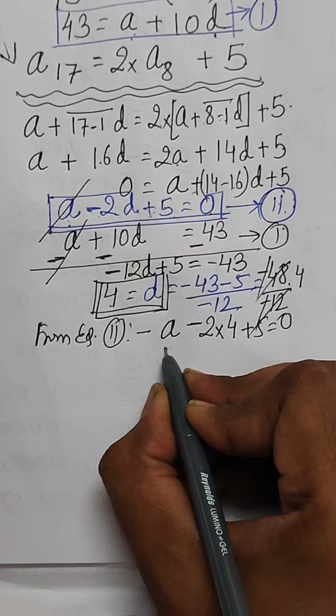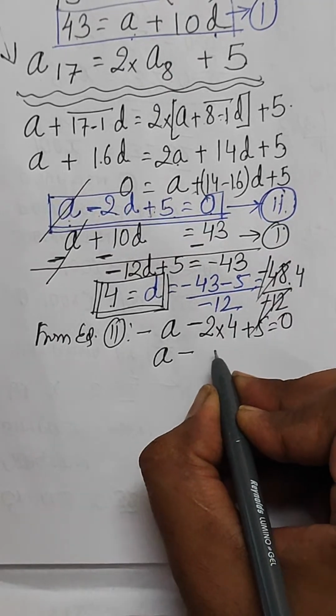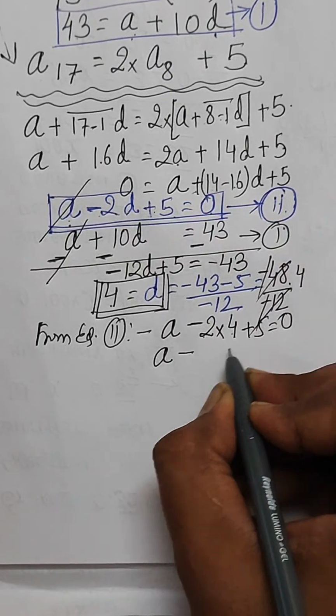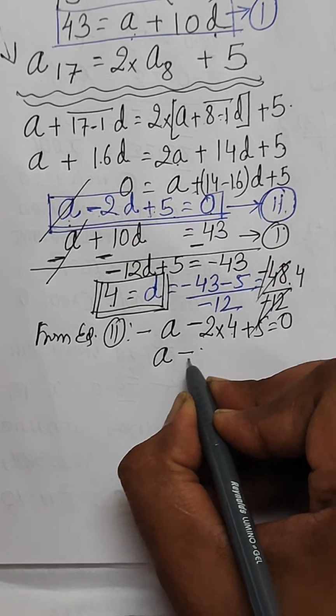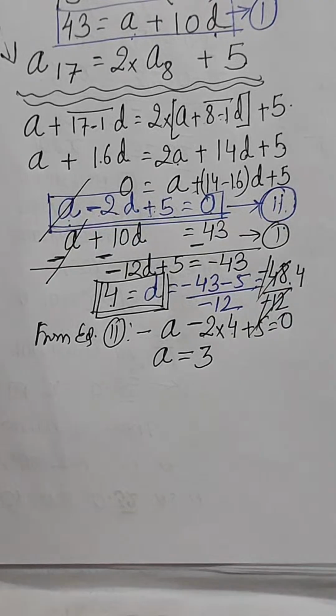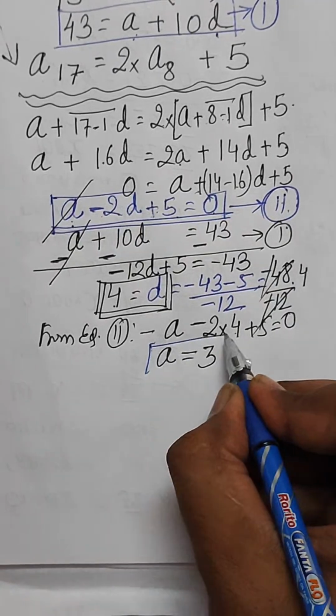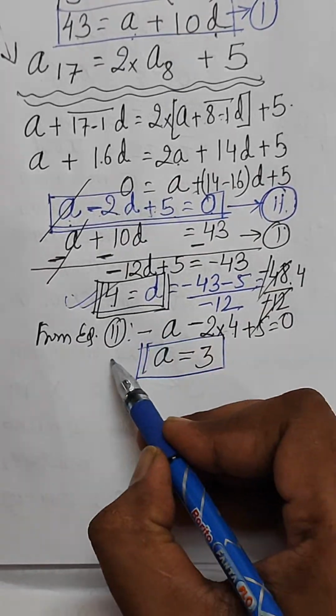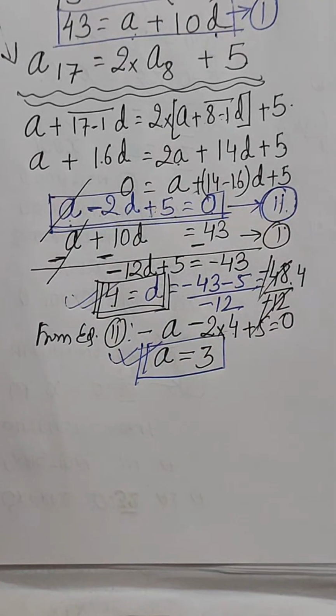So this will give a minus 8 plus 5, that is a minus 3 equal to 0, or a equal to 3. So the value of a is also derived. One is d, known to us, and now a is also known to us.